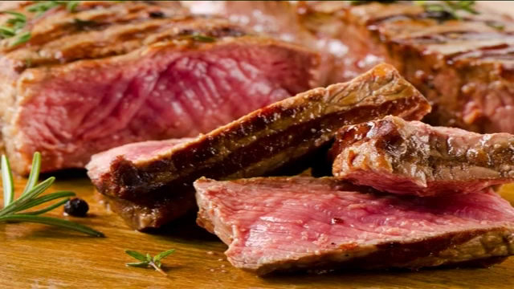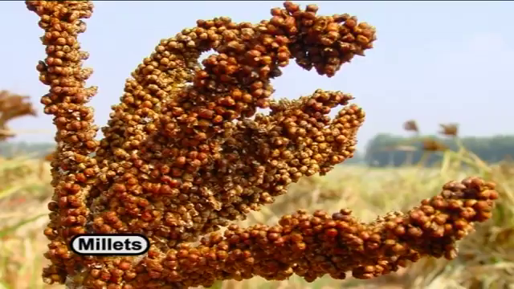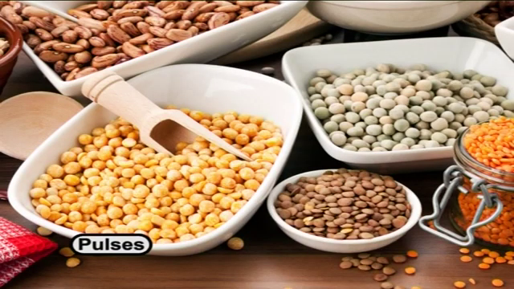Animal proteins are of high quality as they provide all the essential amino acids in right proportions, while plant or vegetable proteins are not of the same quality because of their low content of some of the essential amino acids. However, a right combination of cereals, millets and pulses provides most of the amino acids.